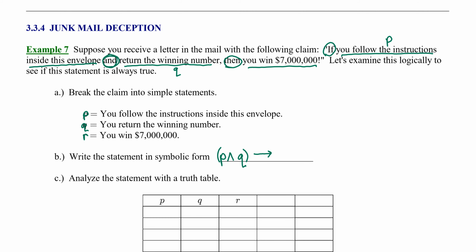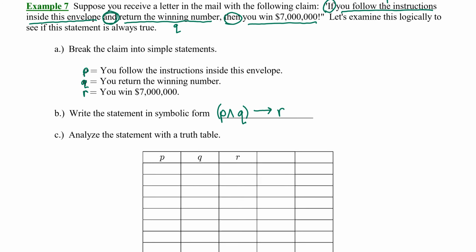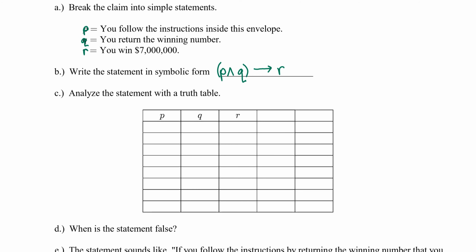That is the hypothesis of our conditional. The conclusion is you win $7 million. That is statement R. Now that we have this statement in algebraic or symbolic form, we can apply the rules of our connectives using this truth table to more closely examine the nature of this statement.